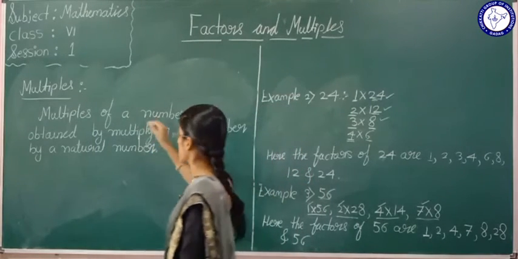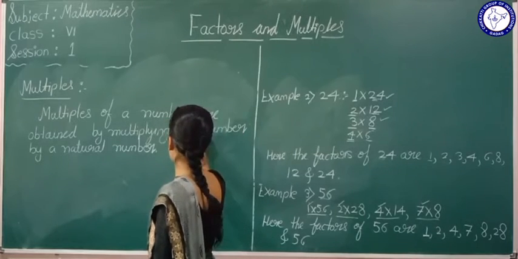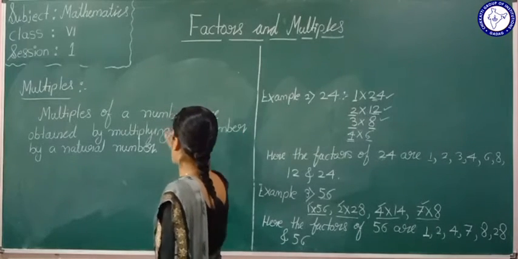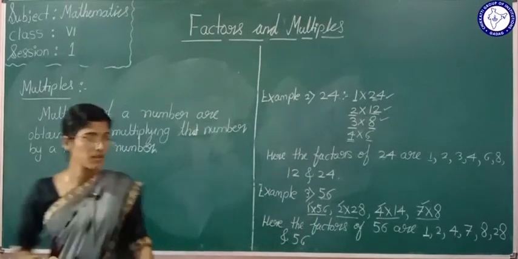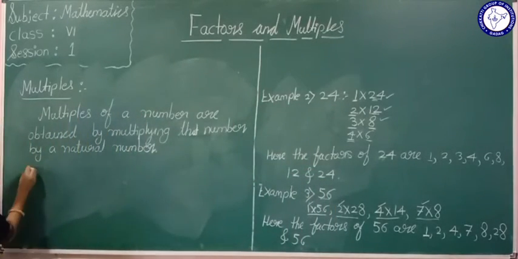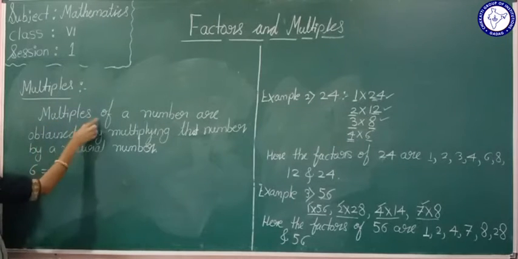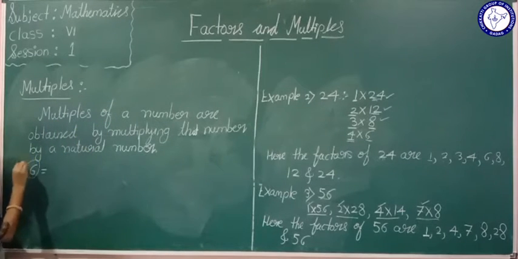Here number means whatever number we are taking, by multiplying that number by a natural number. Suppose I ask you what are the multiples of 6, see how we are obtaining multiples of a number. I want the multiples of 6 here.